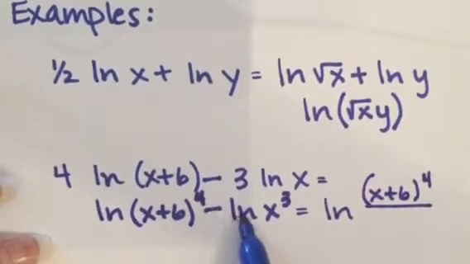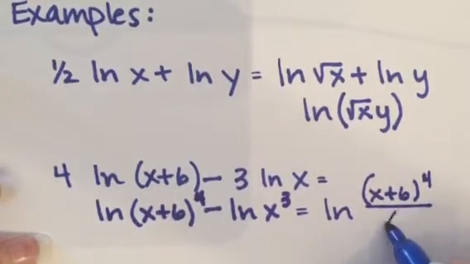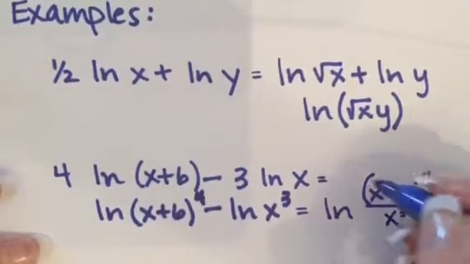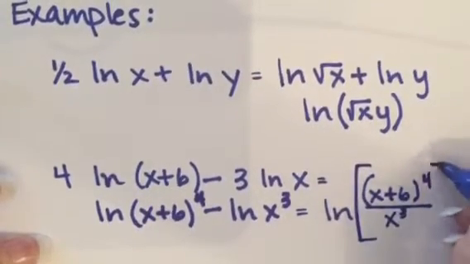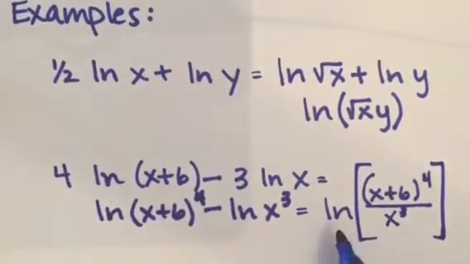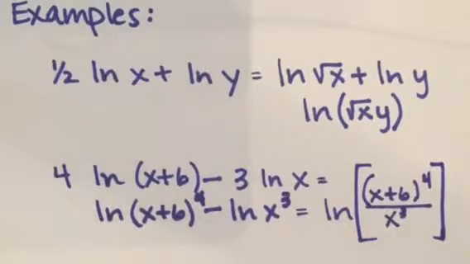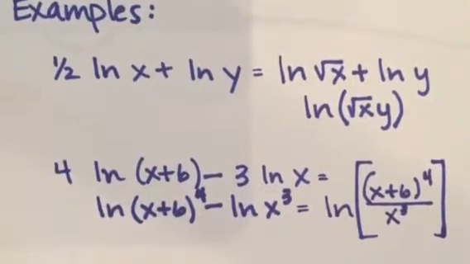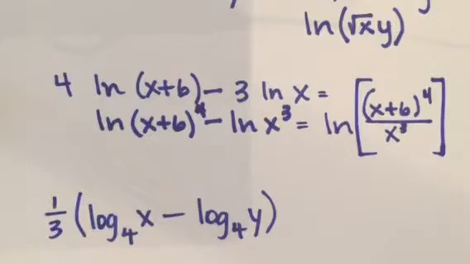See, the logarithm here is negative, so this actually goes down to the bottom, x cubed. And then we're going to just group that whole thing and say that we are finished. One logarithm, no leading coefficient other than 1. Okay, so let's go ahead and look at our next example.